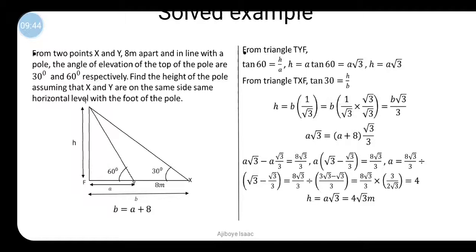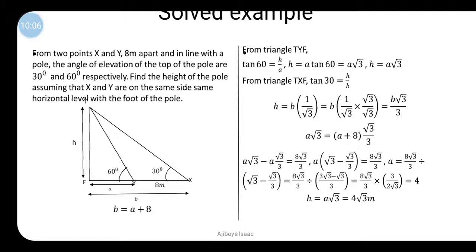You will notice that tan 30 degrees is 1 over root 3. And I told you that you will always rationalize when you have a surd at the denominator, so that our h will be equal to b open bracket 1 over root 3 times root 3 over root 3. And on simplification, our h will be equal to b root 3 over 3.